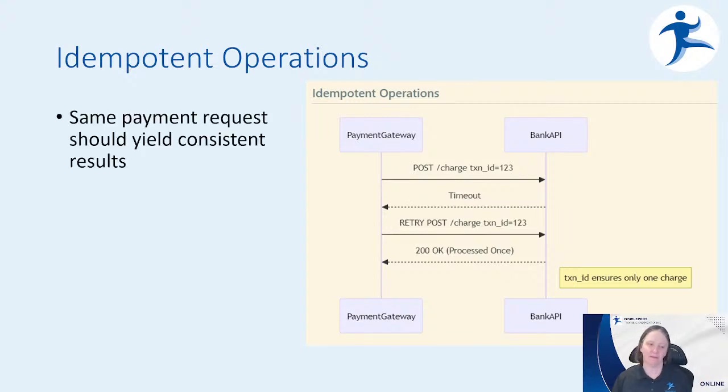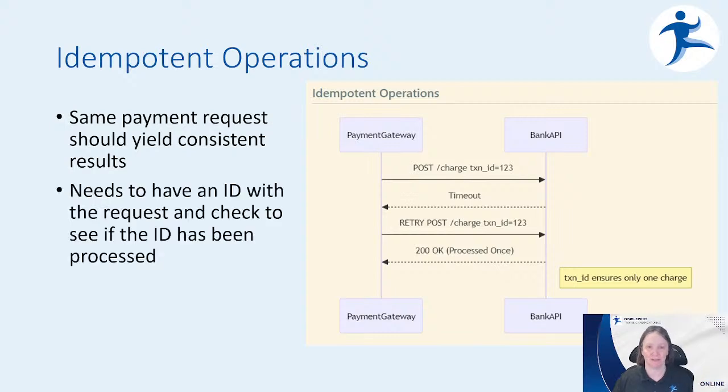The same payment request should yield consistent results. So have an ID. In this example, you're posting to an endpoint, making a charge with a transaction ID of 123. The API is like, okay, I don't see this. But then you retry that post, because retry is an option in distributed systems.